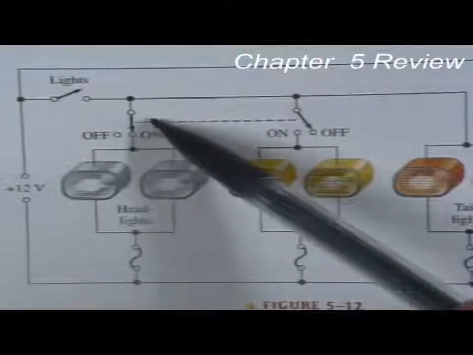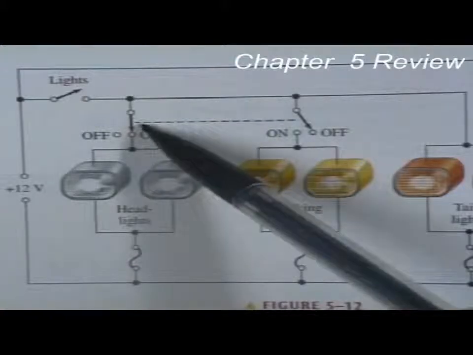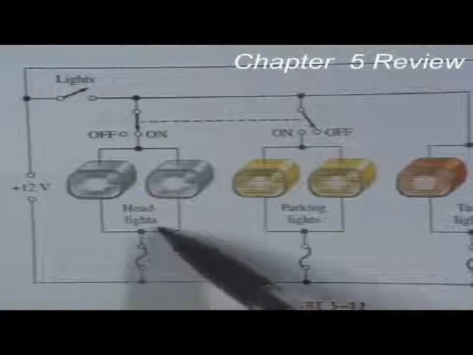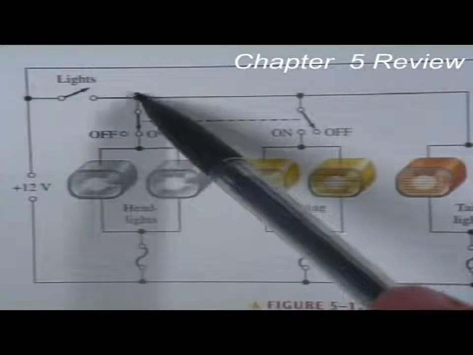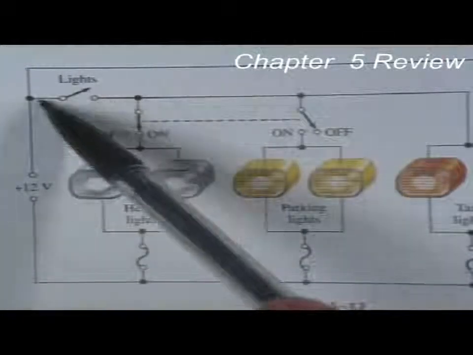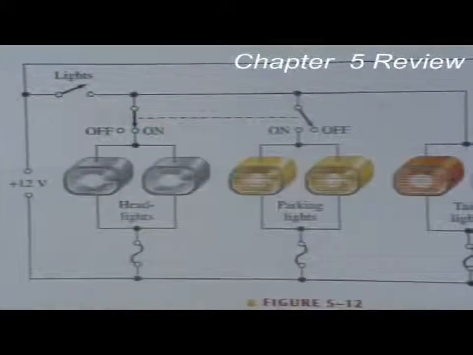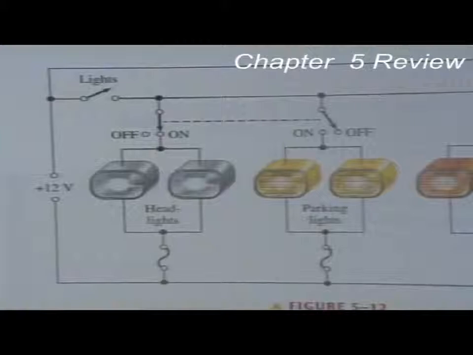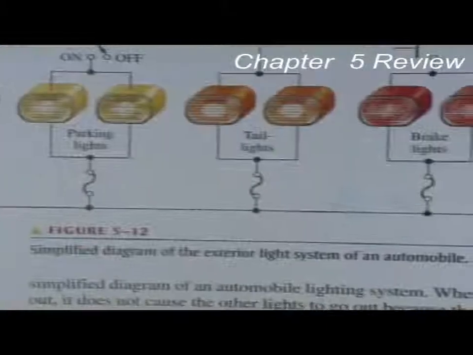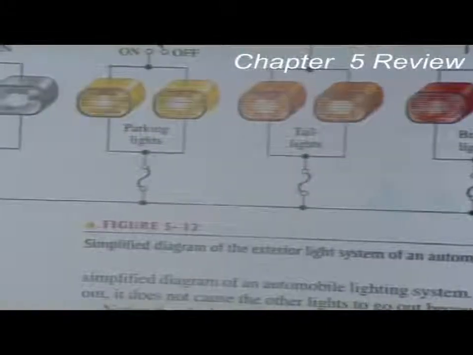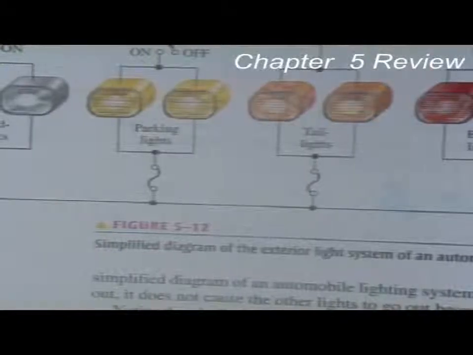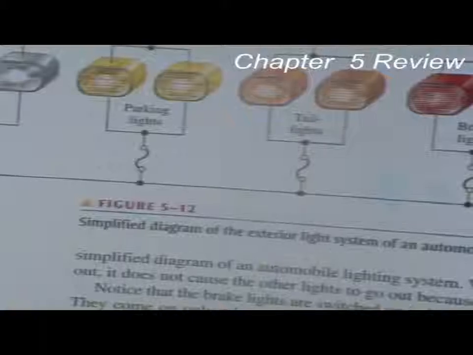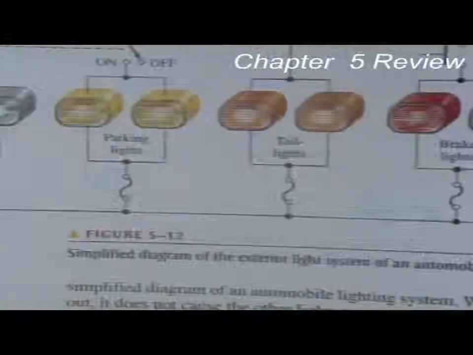And here's the off-on switch. When you turn your headlights on, current will flow from negative to positive up through the headlights and through the light switch, which will be closed to the plus side. Now, if you were in series and the parking lights went out, then your headlights would go out also. And of course, that wouldn't be a good thing.